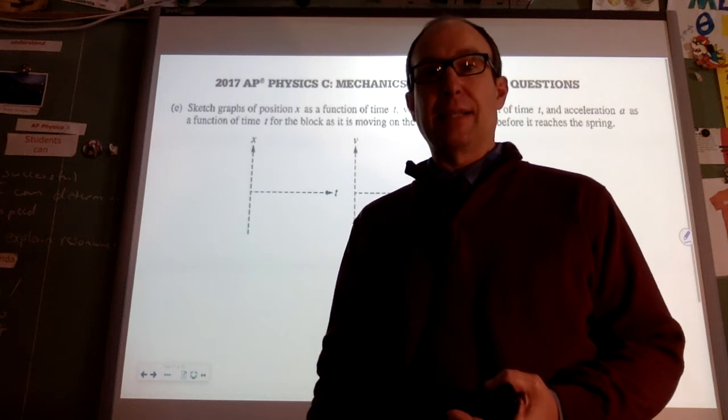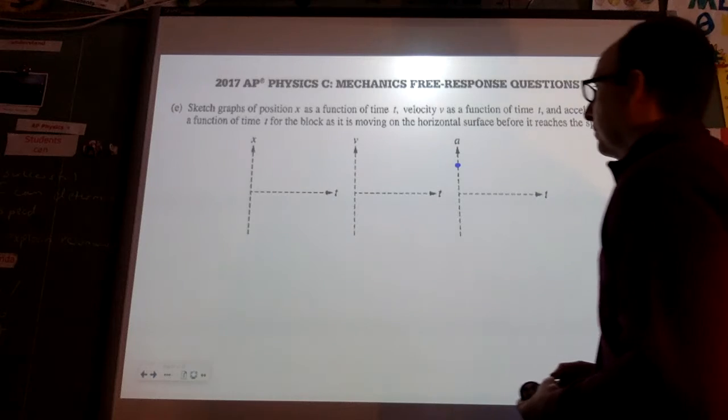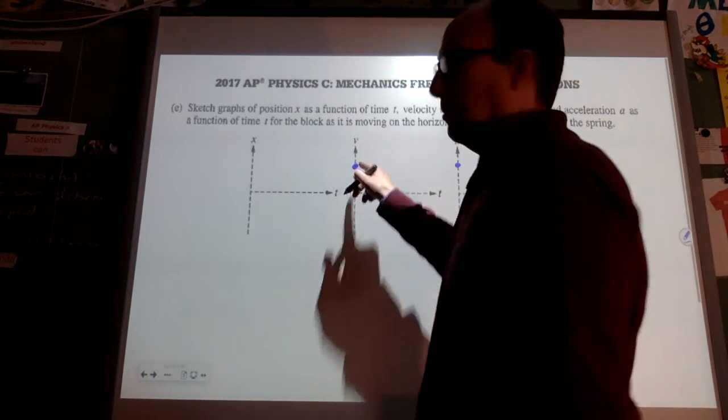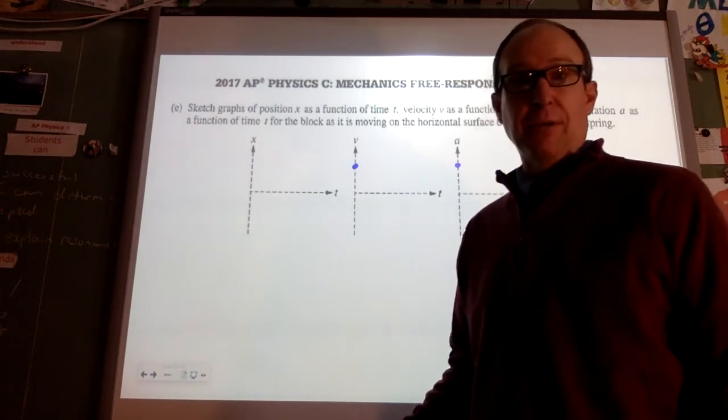As the velocity decreases, it's going to give us less acceleration. My velocity is going to start at a maximum. It's also going to decrease, because the air resistance, the drag force, is decreasing it.